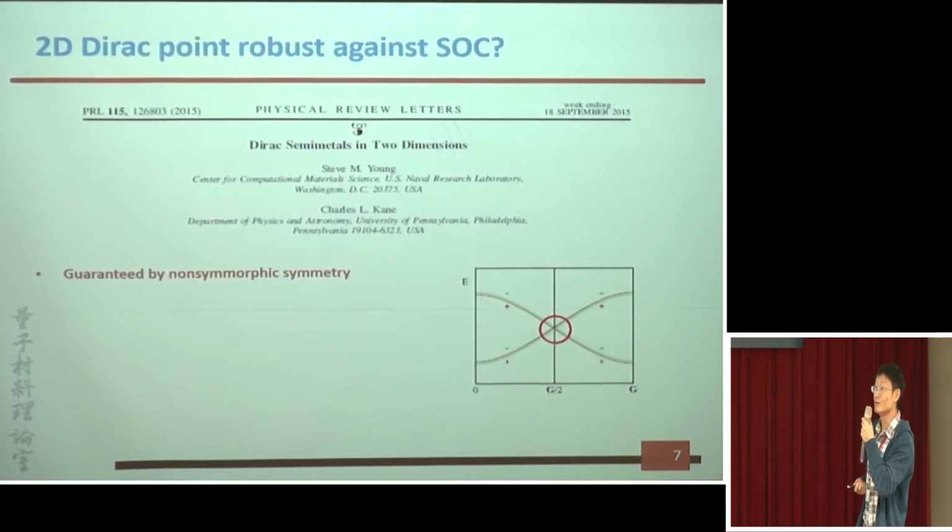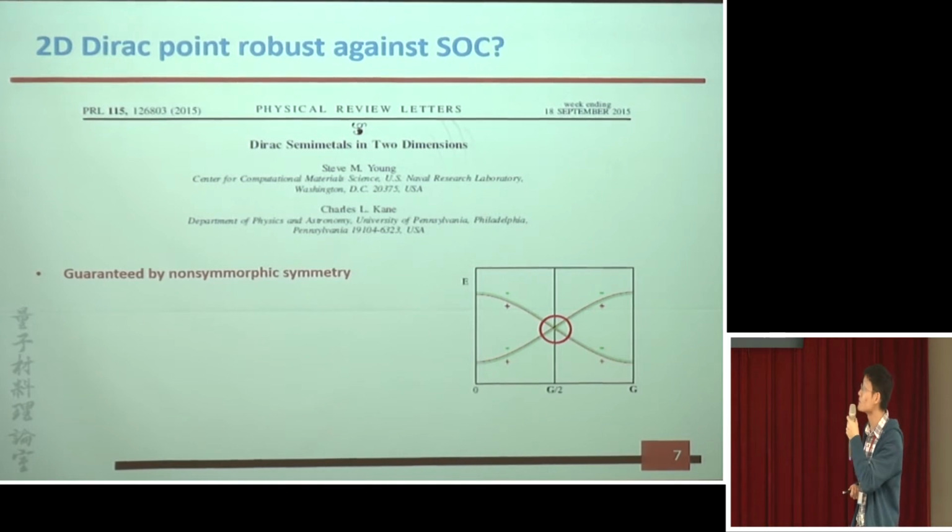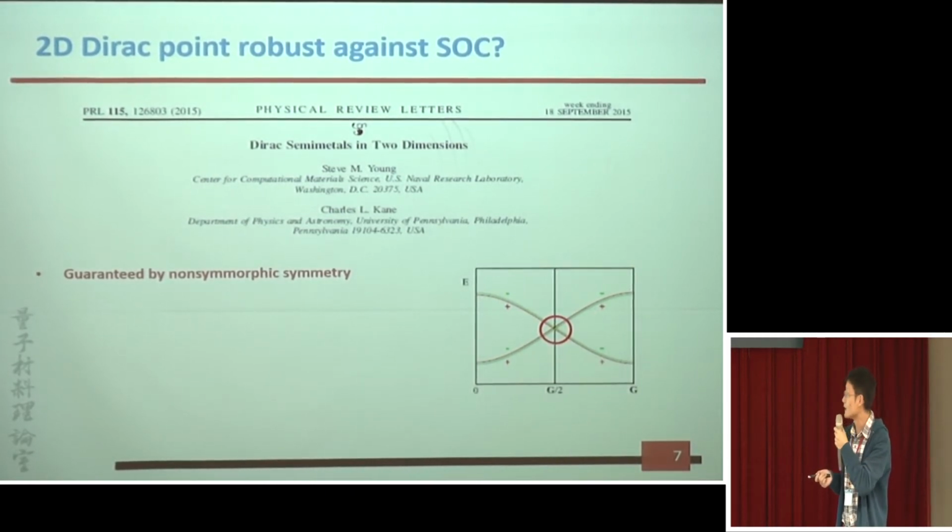Then is it possible to have robust two-dimensional Dirac points? This question was theoretically answered by Young and Kane in a paper in 2015. They showed that if you have a system with some kind of non-symmorphic symmetry, you can have protected Dirac points that are robust against spin-orbit coupling.